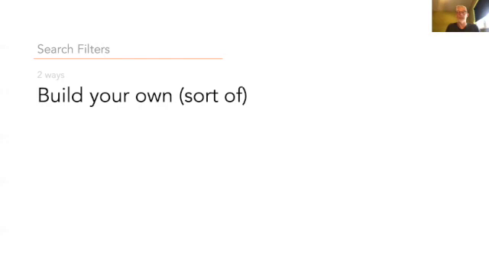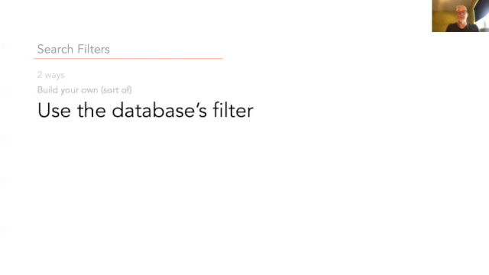That's a great strategy. The other way to do this is I can use the database's pre-built filters. You can find a video on this database searching tutorial if you want to see how this is used.